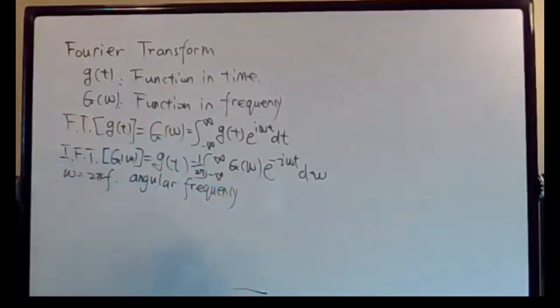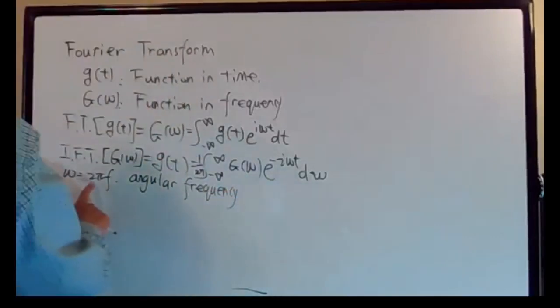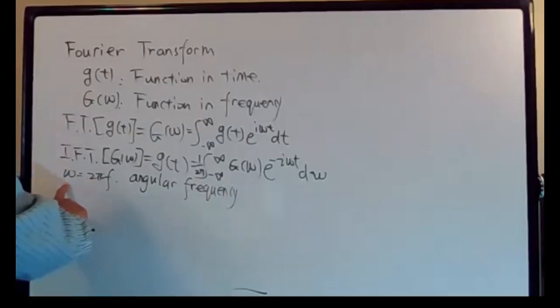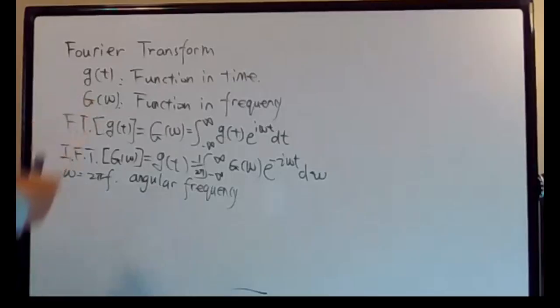So if our frequency is 1 kilohertz, then our angular frequency will be 2 pi times 1 kilohertz, which is 6.28 kilo radians per second.